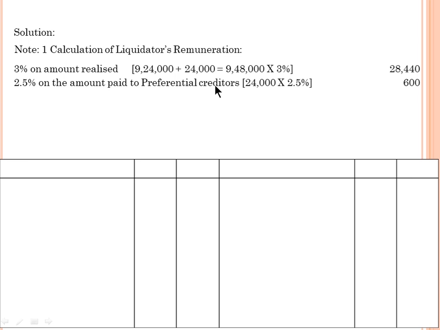I told you, always consider unsecured creditors as including preferential creditors. So the preferential creditors are 24,000 into 2.5%, 600 rupees. Now we move on to the liquidator final statement.